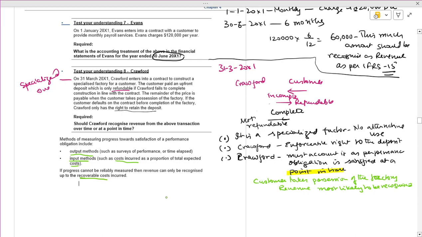Progress is measured in terms of percentage. If that is not possible, then what is the alternative? The alternative is we have to recover based on the recoverable cost.